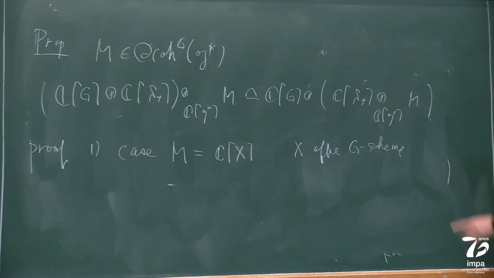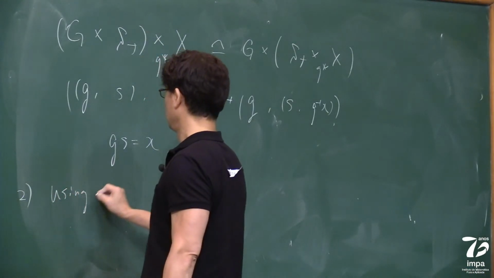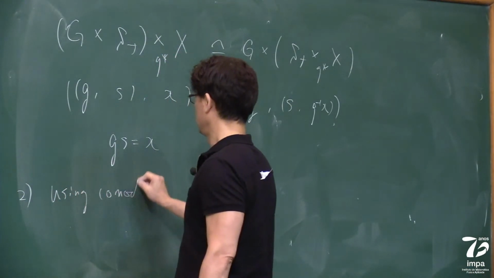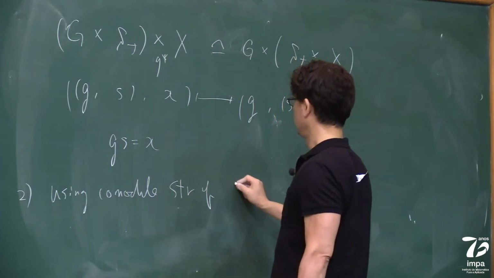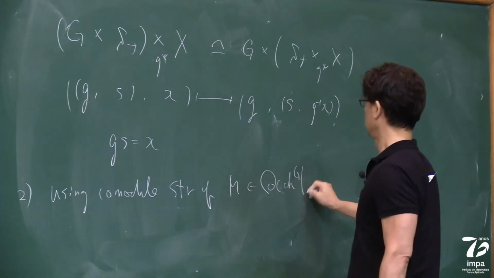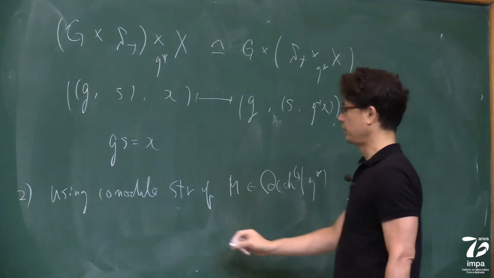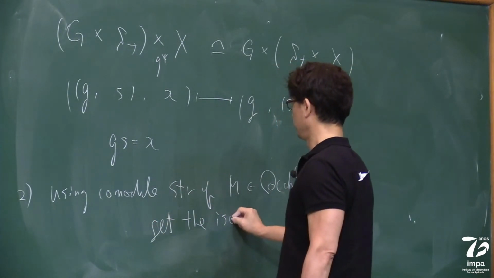If M has a G action, you always have a co-module structure. So using the co-module structure of M, we get the isomorphism in general.